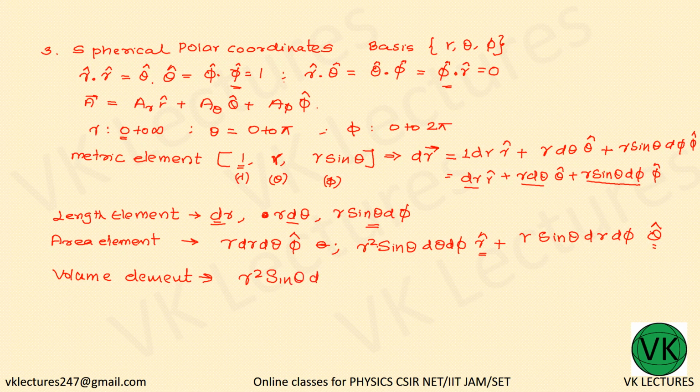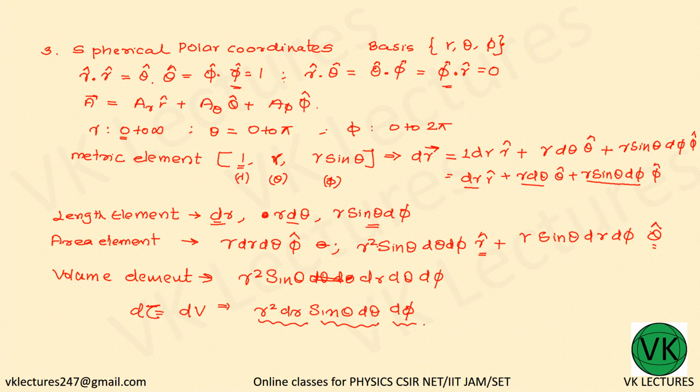Or you can write it as r square dr sine theta d theta d phi, because when you integrate, this is the first term, this is the second, and this is the third. This is the volume element dv or d tau.